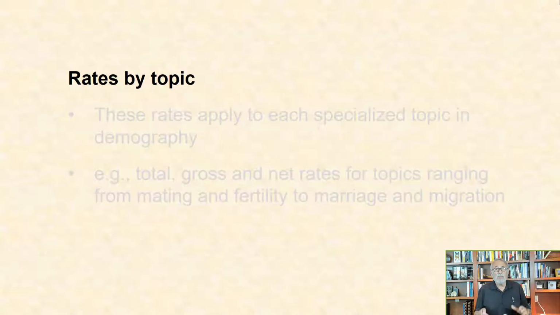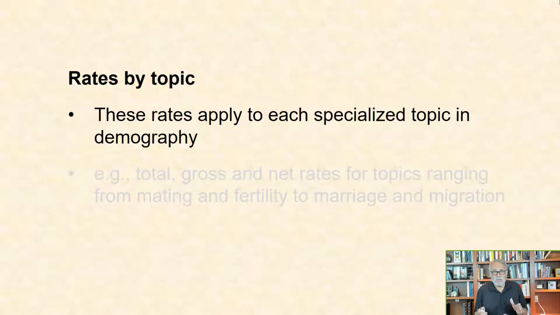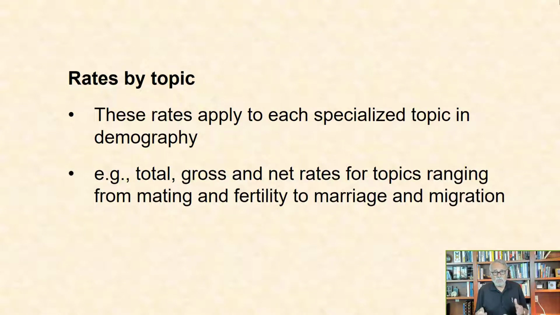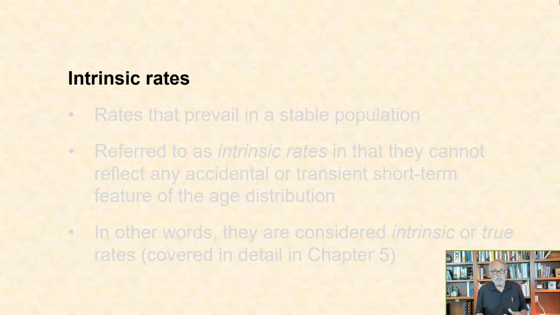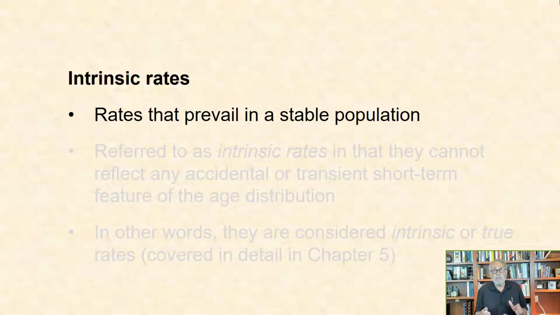Rates by topic. These rates apply to each specialized topic in demography. For example, total, gross, and net rates for topics ranging from mating and fertility to marriage and migration. Intrinsic rates. These are rates that prevail in a stable population.